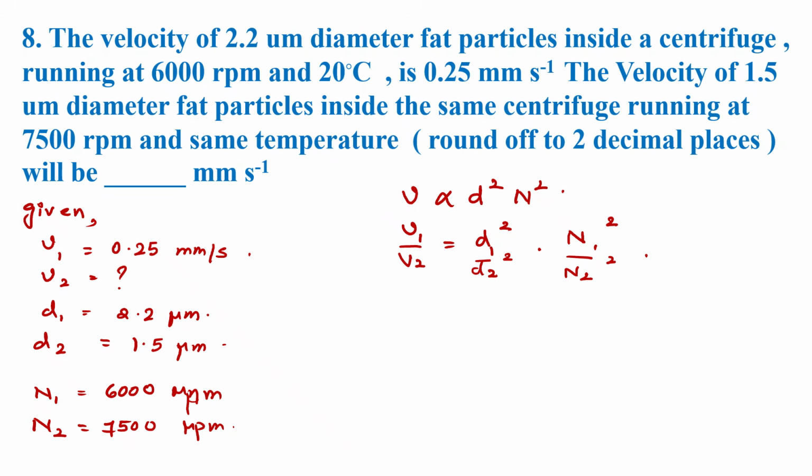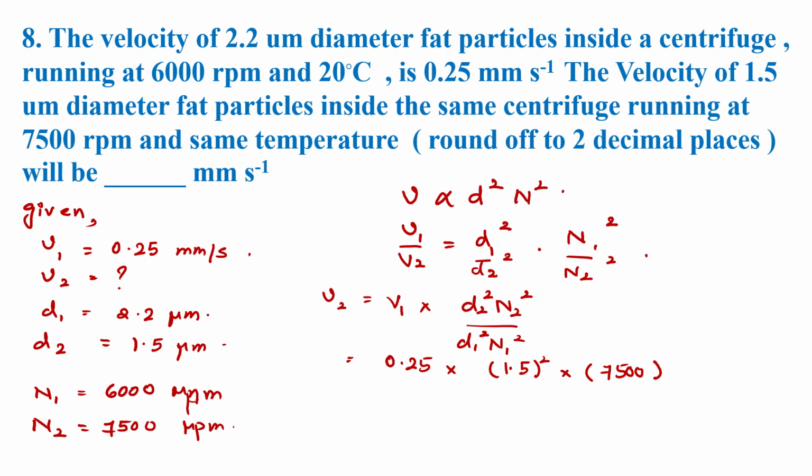So V2 will be V1 into D2 N2 square by D1 N1 square, which is equal to 0.25 into 1.5 square into 7500 rpm divided by 2.2 square into 6000 rpm square.